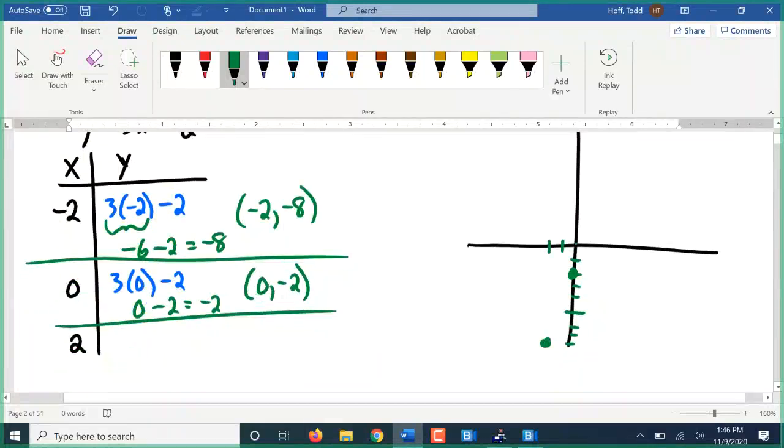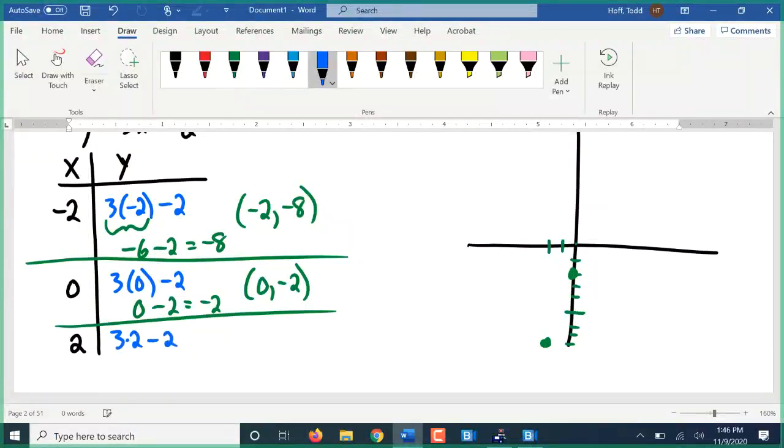Then x is 2. y is 3x minus 2, so 3 times 2 minus 2. 3 times 2 is 6, minus 2 would be 4. So that gives us the ordered pair that when x is 2, y is 4. x is 2, y is 1, 2, 3, 4. Right there.